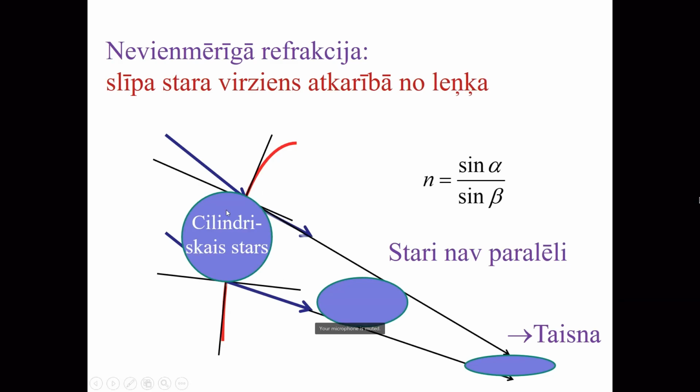And definitely you can predict that at the surface of the lens, where it is bent in the strongest way, this defect is very significant.